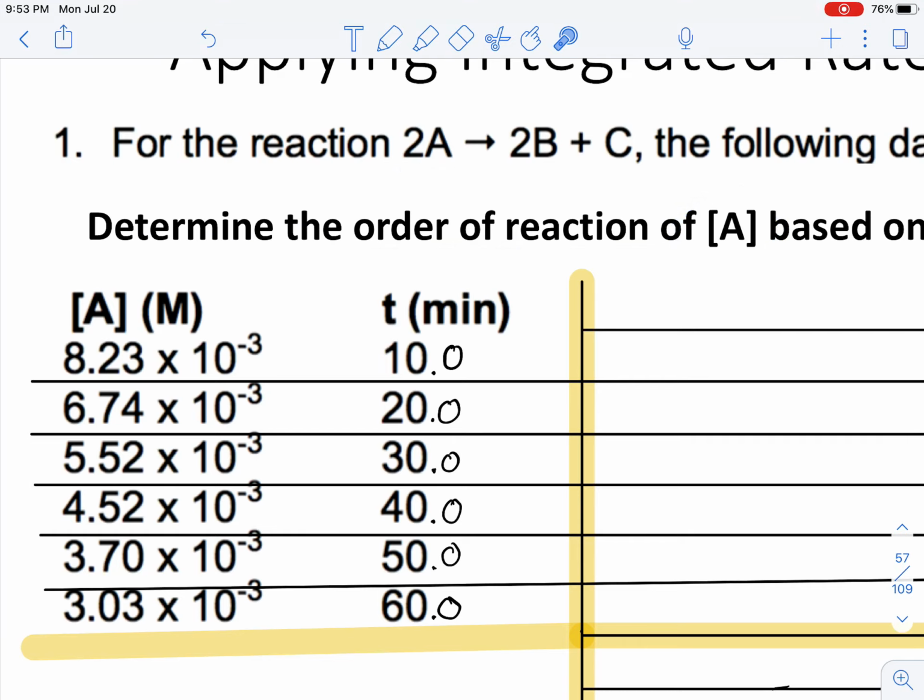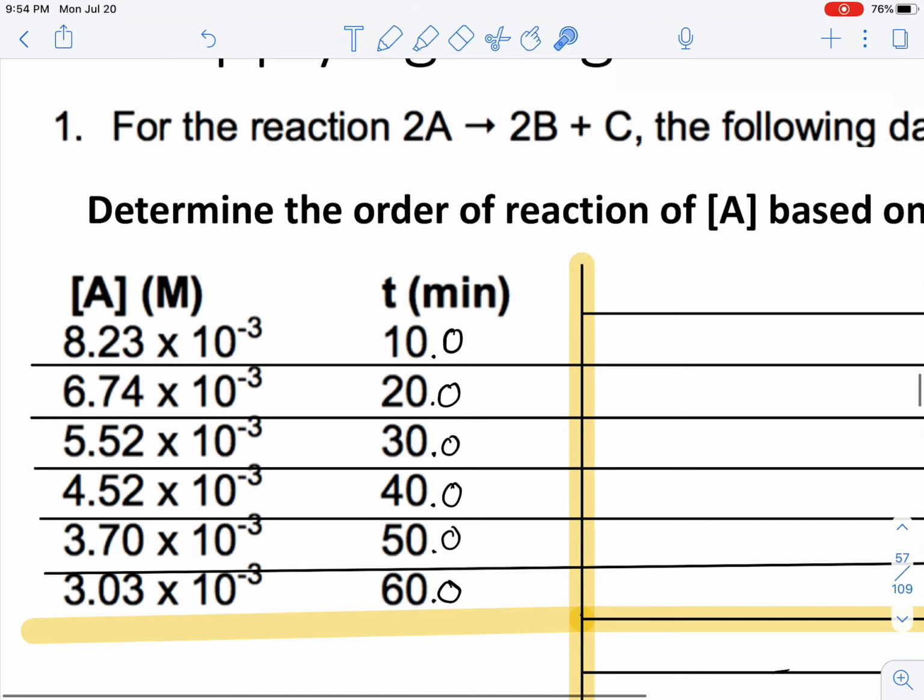We've determined orders of reaction once before through the method of initial rates. Typically, the kinetic data given for the method of initial rates contains multiple experiments with differing initial concentrations of the reactants, as well as the initial rate of the reaction for each experiment.